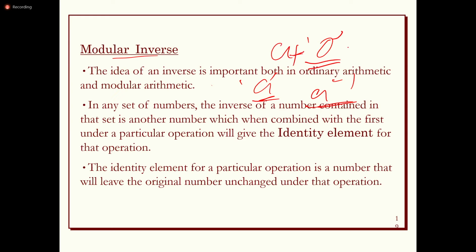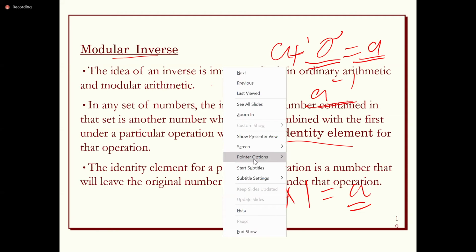If we add 0 to any number, we'll get the same number. Whereas any number multiplied by 1 will give the same number. So 0 and 1 are the identity elements for addition and multiplication. So we can find the additive inverse as well as the multiplicative inverse of numbers.